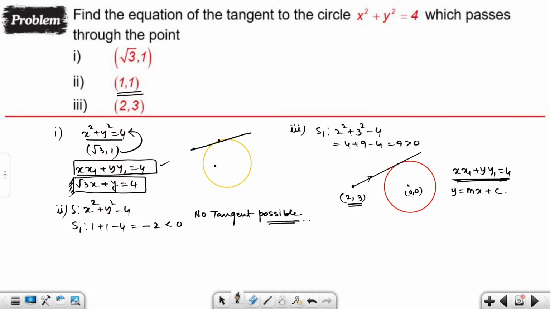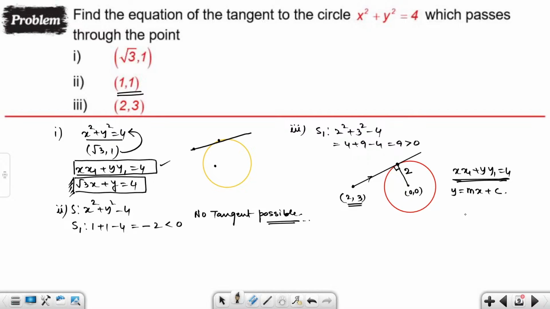Okay. So from the center, if I draw a perpendicular, or I join the point of contact, both are same, then this one will be perpendicular to this line. And this length will be nothing but the radius. And radius in this case is 2.